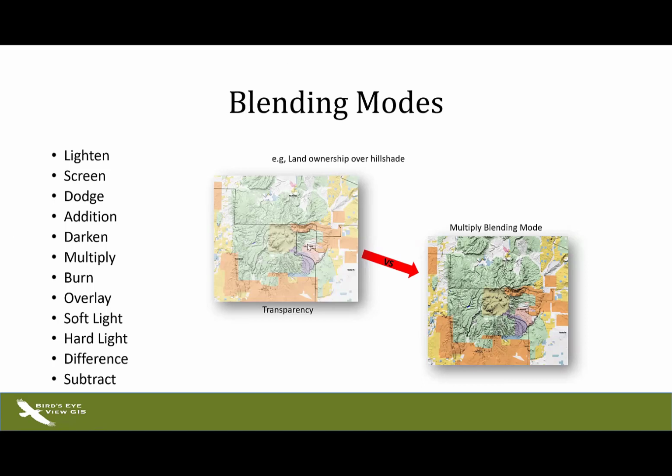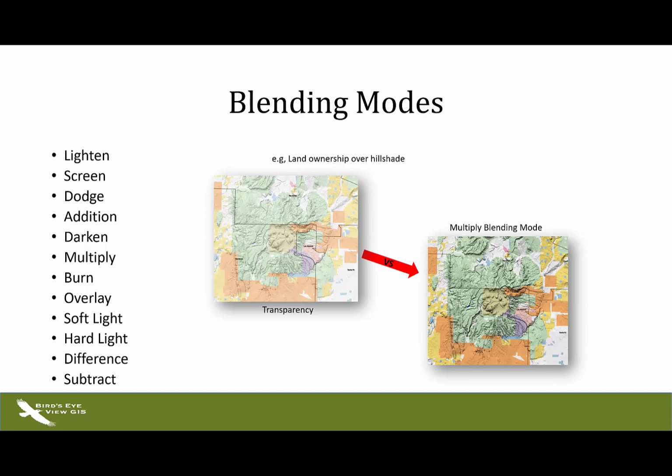And one thing that I often need to do is make a map that has land ownership, and it's nice to have a shaded relief as part of the map as well. And historically, if you were going to try to combine on a map like this the land ownership polygons with a shaded relief below, you would just increase the transparency of the land ownership layer until you could start to see the relief.